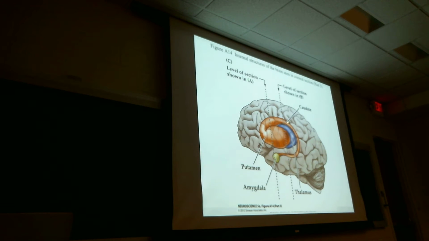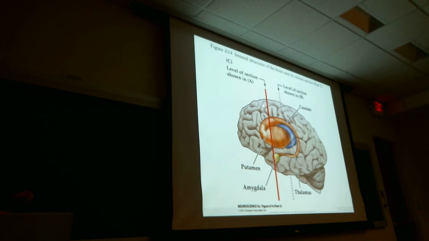On the inside, you're going to see that it cuts through these interior structures that are referred to generally as the basal ganglia. That's composed of the putamen and the caudate. Then there's the amygdala down here, and this little purple region here is the thalamus of the diencephalon.